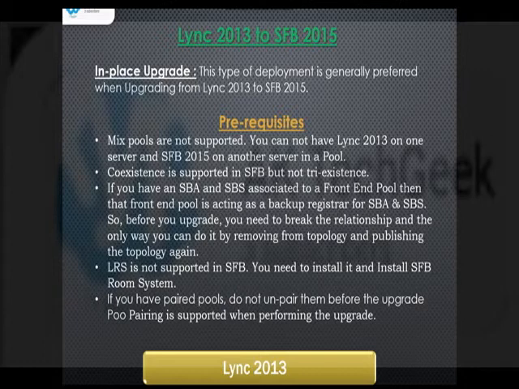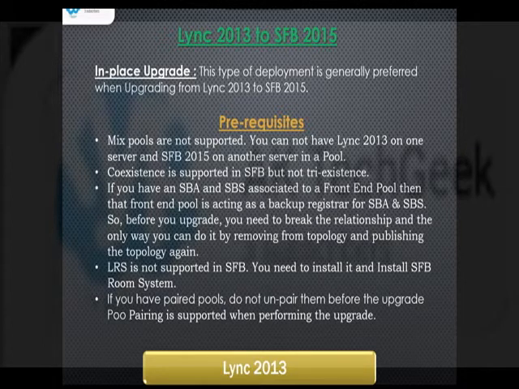If you're using SBA and SBS associated with the front-end pool, then you need to make sure that those SBA and SBS are not part of the topology when you're doing the in-place upgrade. Otherwise we are going to have some trouble, and that will not be a smooth migration. So you need to remove them, and you can add them once the migration is successful and publish the topology.